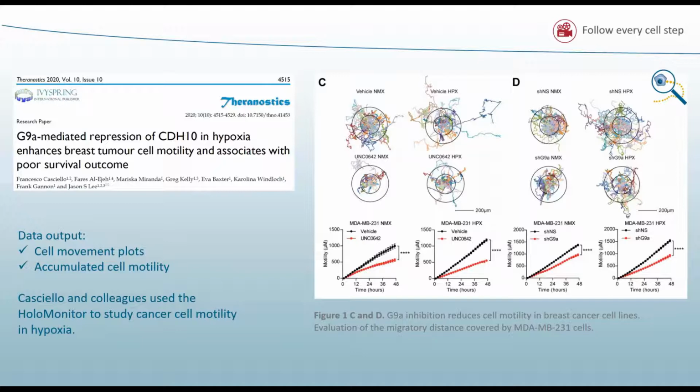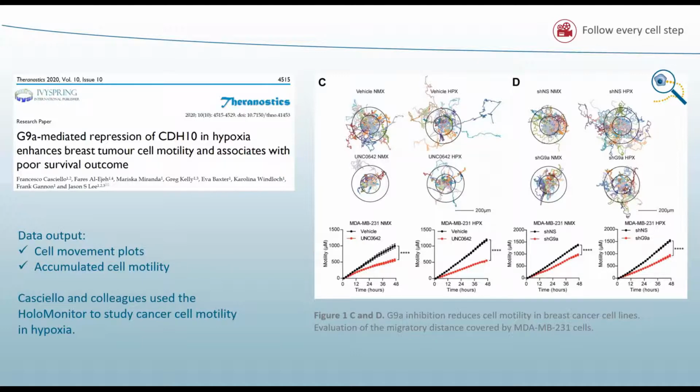And you can see quite clearly that they have an effect on the motility pattern, that's the upper colorful diagrams, and instead of putting those results in a plot that's used to make these target circles to see how far outside target cells moved, they also get the motility data over time for different treatments, and they could, as I said, determine that CDH10 is involved in the motility.